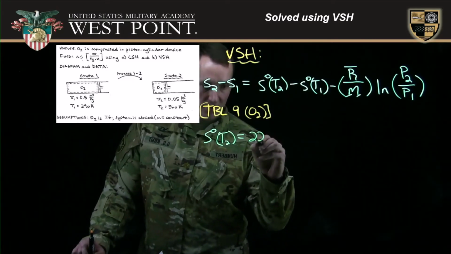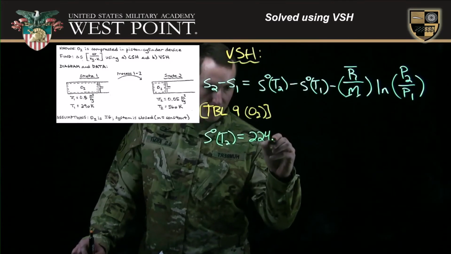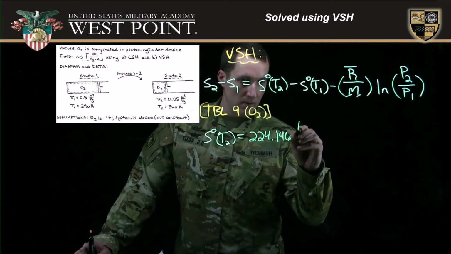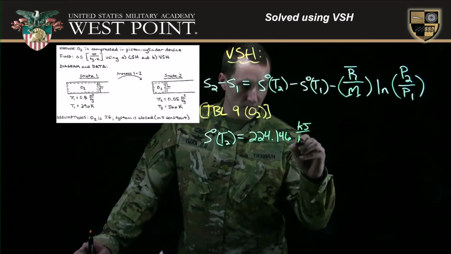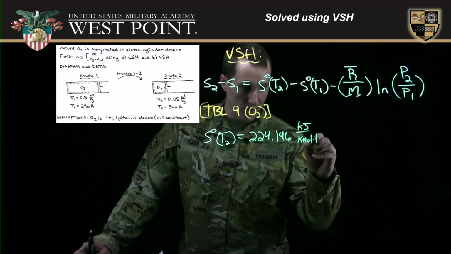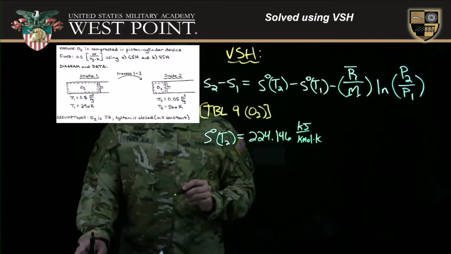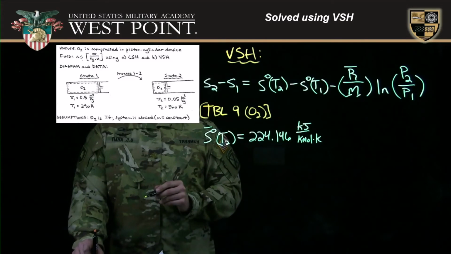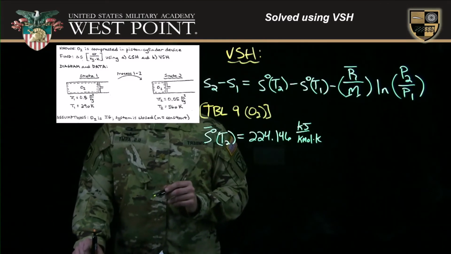It's equal to 224.146 kilojoules per k-mole Kelvin. Remembering that our values in table 9 are on a per molar basis, so we put our bar above our S degree.